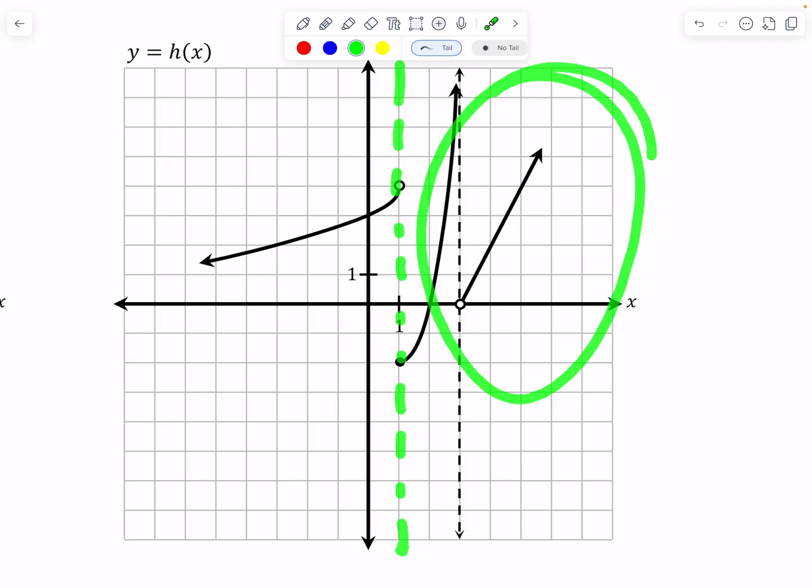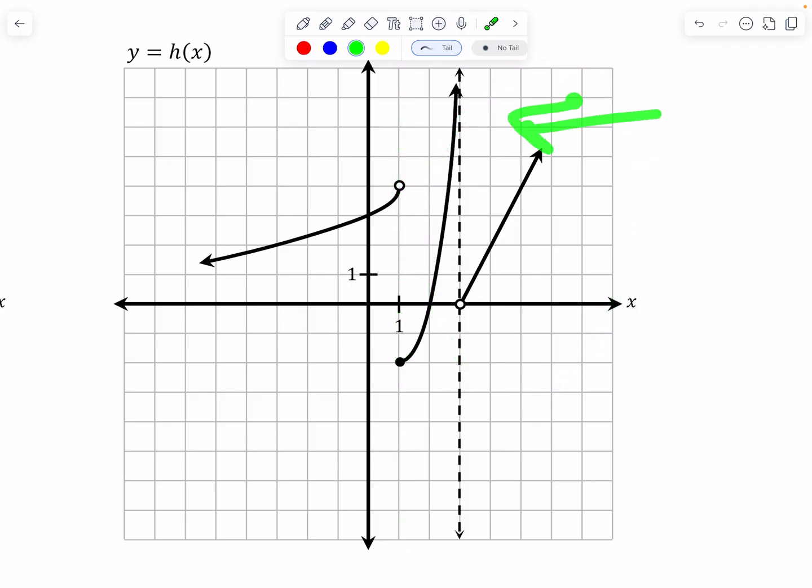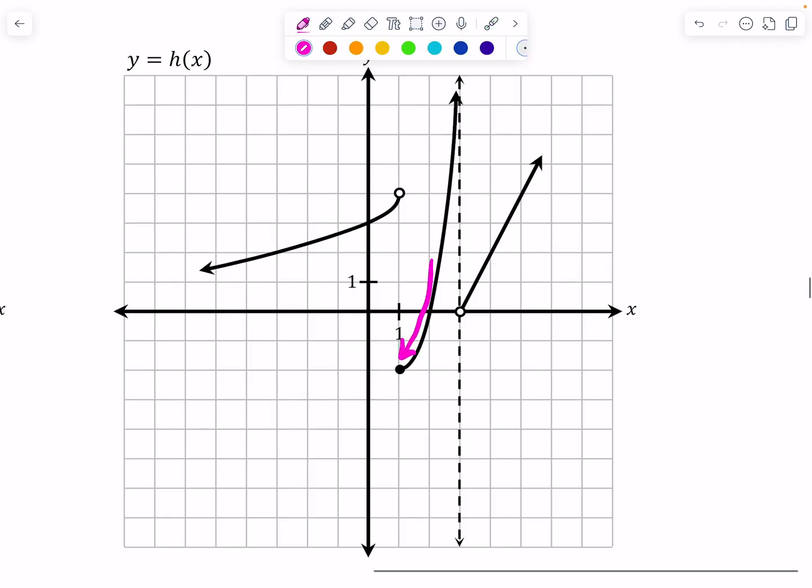So from this side, we are moving in that way, which means that we are following this particular path. So to go leftward to 1, essentially. From the right side, we have to move left. That's the path we're following, and h is approaching, how do you say, straight up -2.